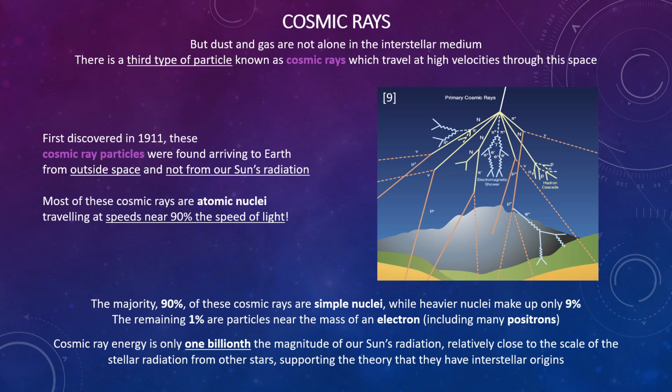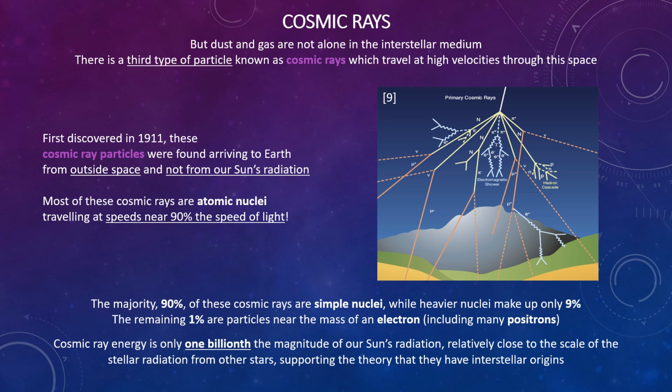But the interstellar medium is not made up of just dust and gas. It is also home to another type of particle known as cosmic rays, which travel at extremely high velocities through space. First discovered in 1911, cosmic rays were found arriving to Earth from outer space, and they were not from our sun's radiation.